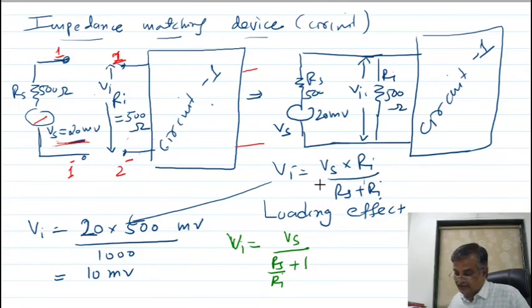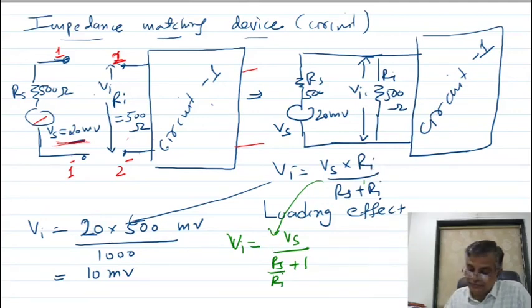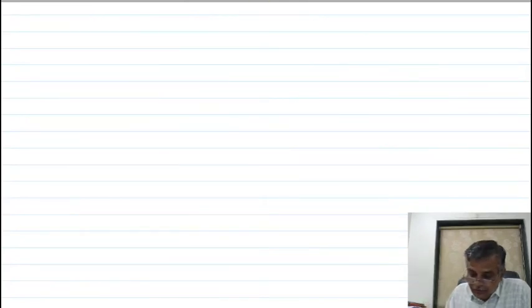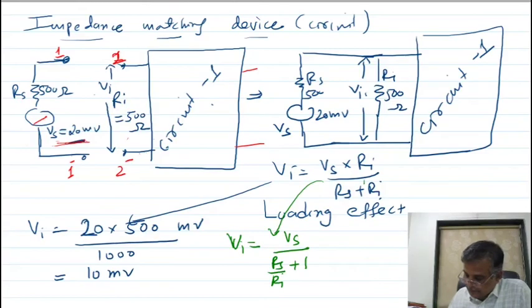From this you can write Rs divided by Ri. Now suppose this Ri is very large.